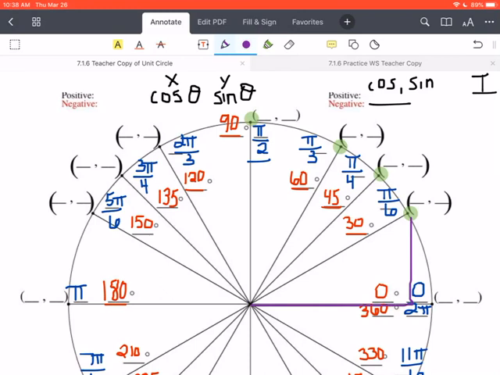The long distance with our 30, 60, 90s is root 3 over 2, and that's just something you have to memorize, and the short distance is always 1/2. So that means that the cosine of pi over 6 is root 3 over 2, and then the sine of pi over 6 is 1/2.